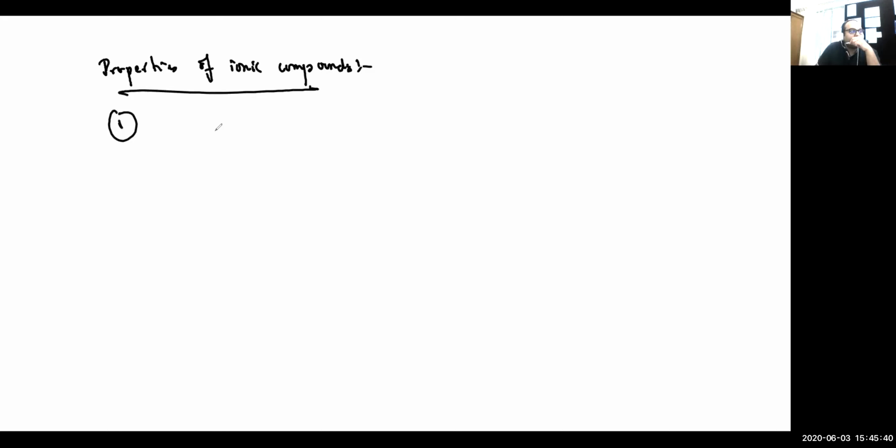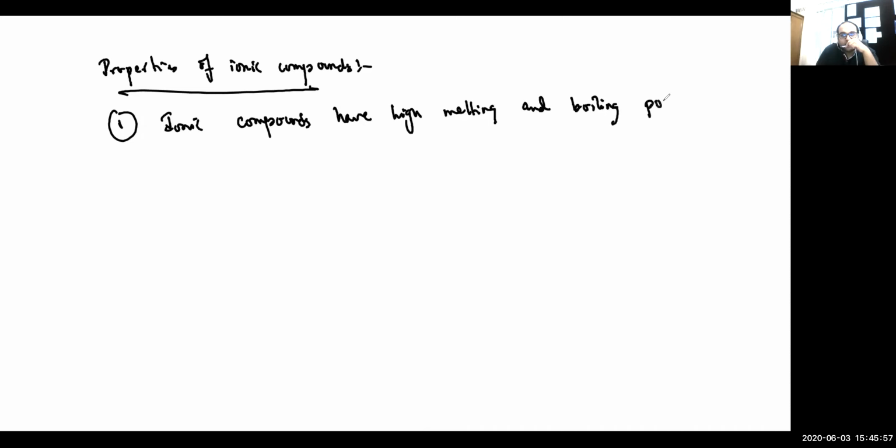Number 1, ionic compounds have high melting and boiling points.